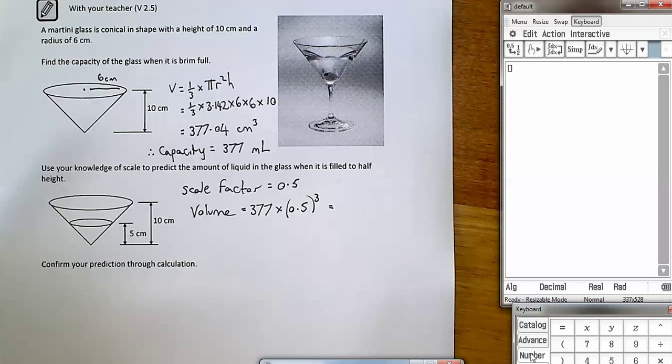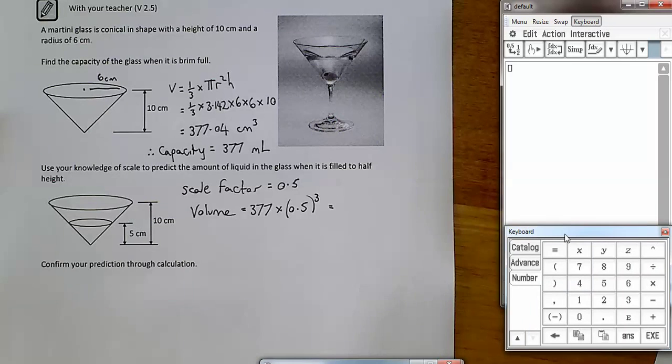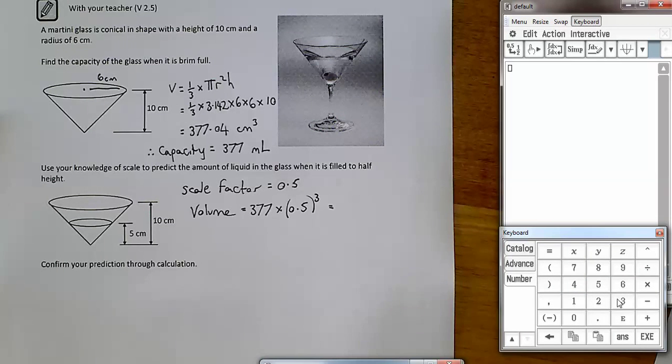Let's do it on the calculator. So we've got 377 times 0.5, and to cube it I'll just times it by itself 3 times.